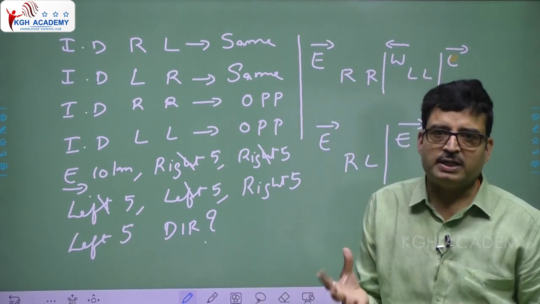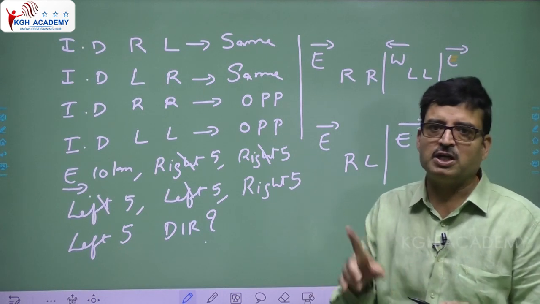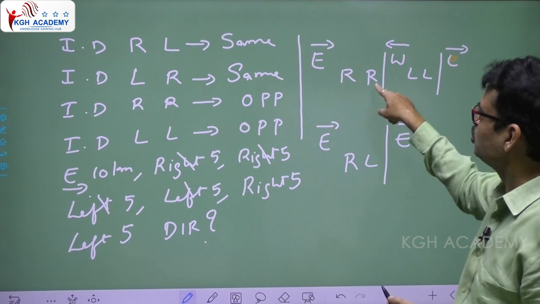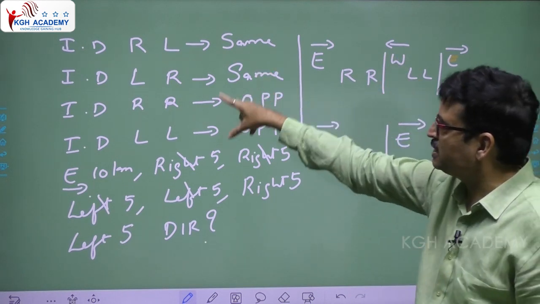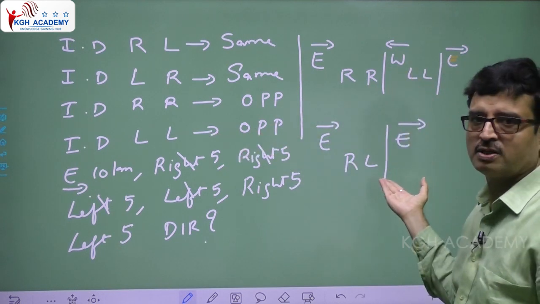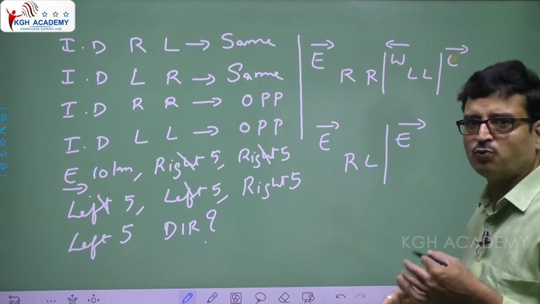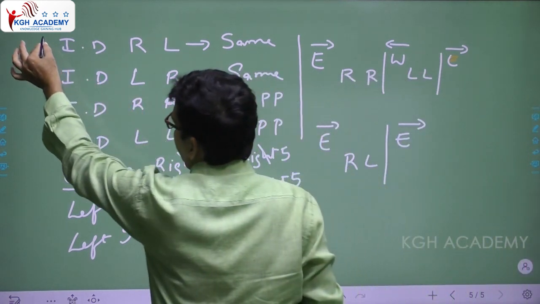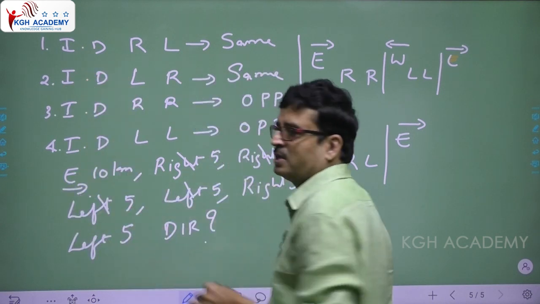So, however many turns they may give you, right turn, left turn, whatever it may be, for every two turns you put a line, and as per the table given here, you find out the final direction. Am I clear? Whether they give you 4 or 5 or 3 directions, you can do it. Clear? So, please try to remember this.